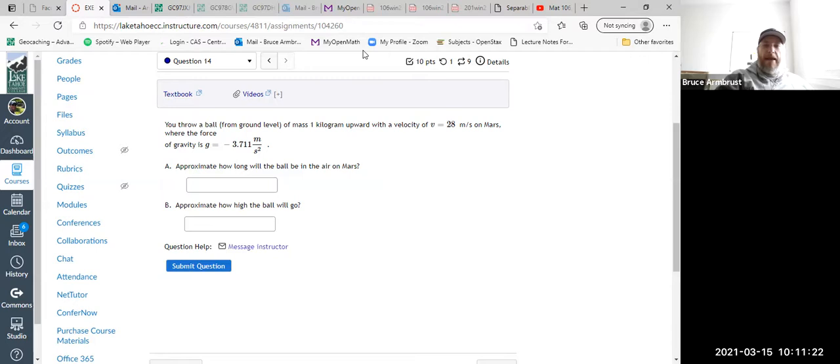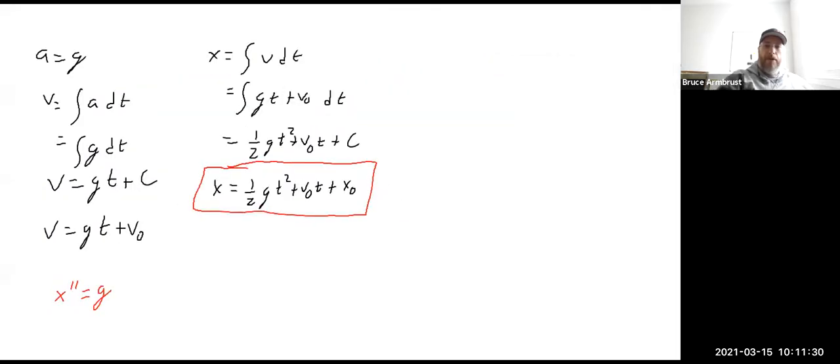So let's go back and put that stuff in. So we'll go back to our whiteboard. Okay, so we've got x equals 1/2 times minus 3.711 t squared plus 28t plus 0.